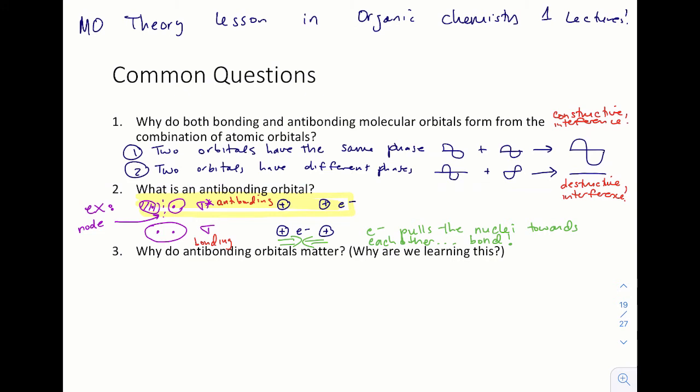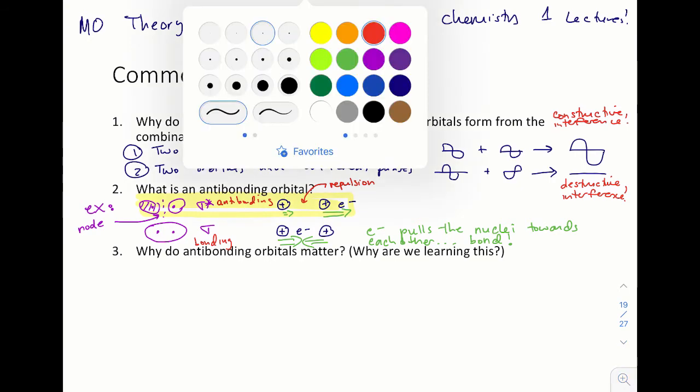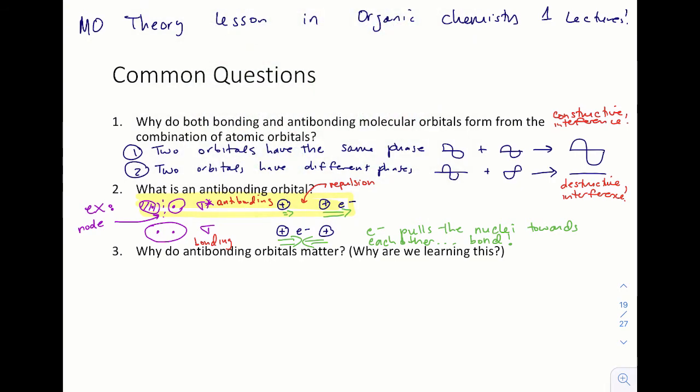So the most likely place for the electron to be is on the outside of the bond, such as right here. What effect does that electron have on the two nuclei? Well, it really strongly pulls this nucleus towards itself, and it kind of pulls that one. But there's all this repulsion between the two nuclei, and these unequal attractive forces between each nucleus and the electron serve to pull the nuclei apart. Well, that's the opposite of a bond, aka antibond.